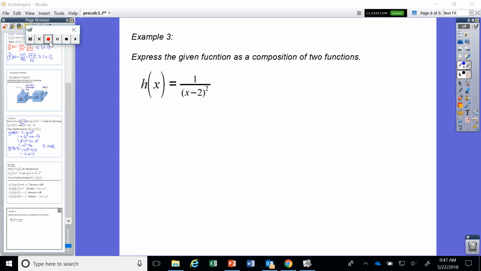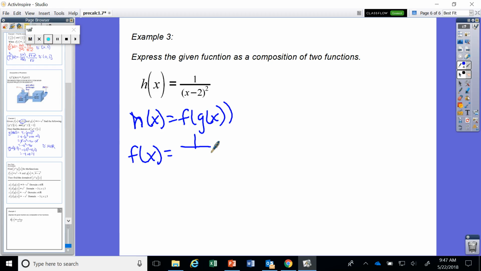Well, in my eyes, what I see here, guys, is I see a big thing, and that is the squared exponent down there at the bottom, because that is the bigger picture, all right? So if I'm saying that h of x is f of g of x, well, what was the f, all right? What was the bigger picture? Well, the bigger picture in this case was going to be the squared term.